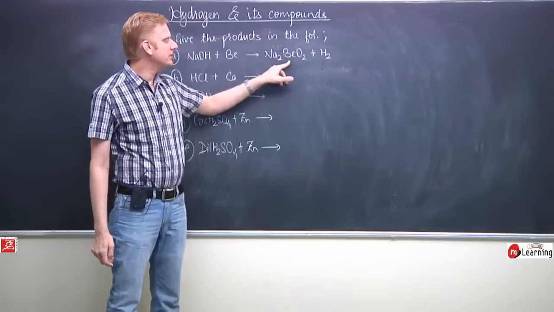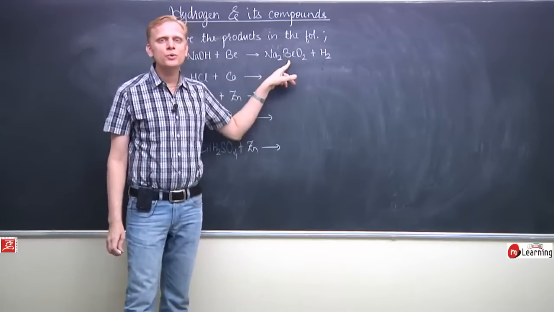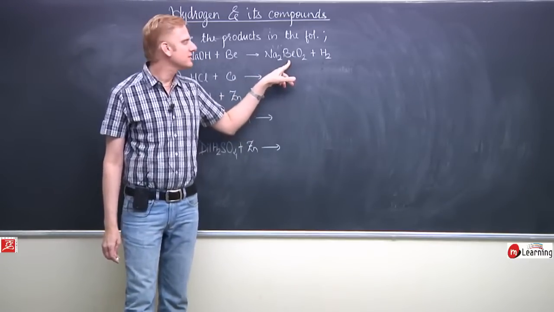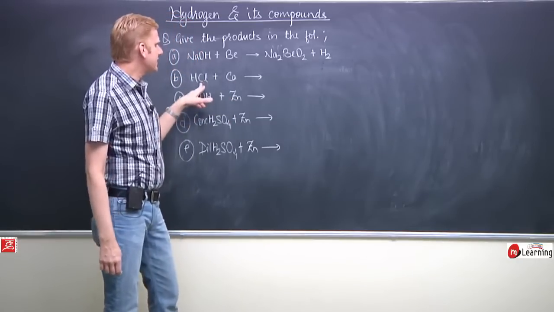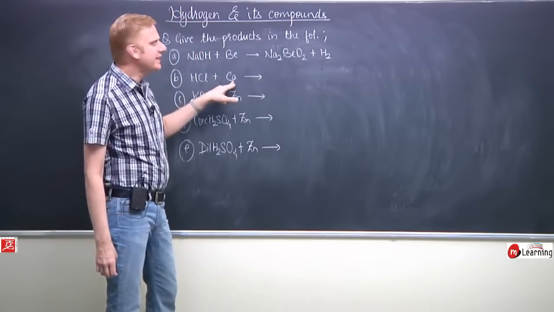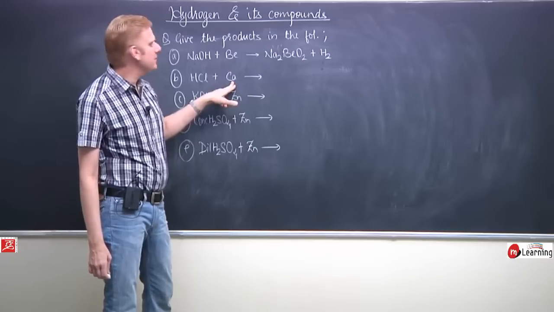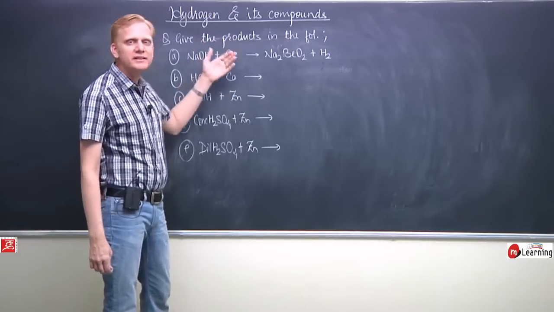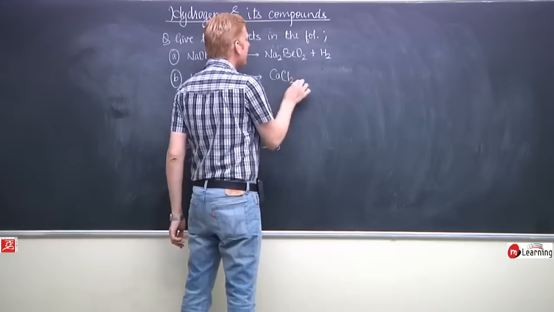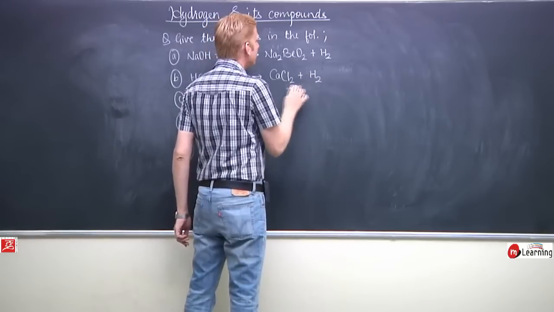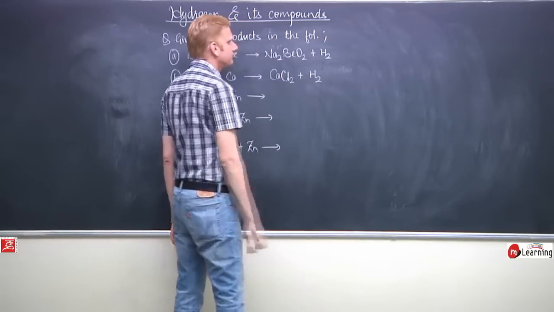The product formed, Na2BeO2, is called sodium berylate. Calcium with HCl. It is an active metal, that means placed above hydrogen in the reactivity series. So here again we get calcium chloride with the liberation of hydrogen.